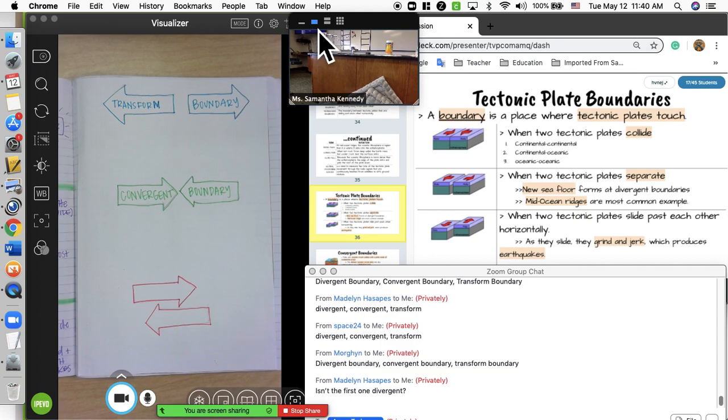I don't think I have any whiteout. All right. Goodness gracious.